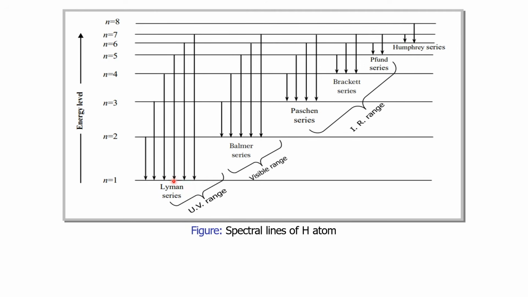That is why, for the Lyman series, since the final quantum number nf is 1, the light we get falls in the UV range. For the Balmer series, it falls in the visible range. For the Paschen, Brackett, Pfund and Humphrey series, it falls in the IR range and so on.